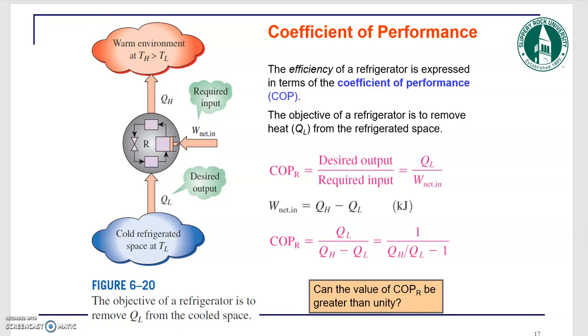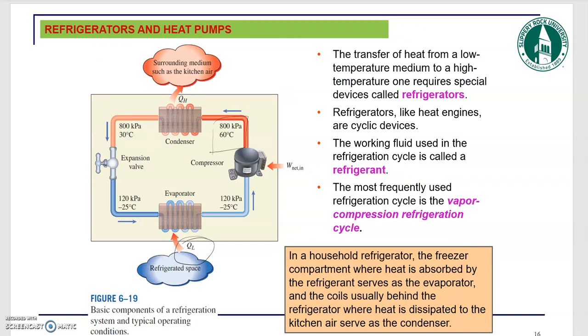The definition of coefficient of performance is desired output divided by required input. So again, in a refrigeration process, we have QL as our desired output, and required input is W net in. Same as heat engines, W net is QH minus QL. It's a cycle again. If you have all of these devices, expansion valve, condenser, compressor, and evaporator, as one single system, then it's a closed system.